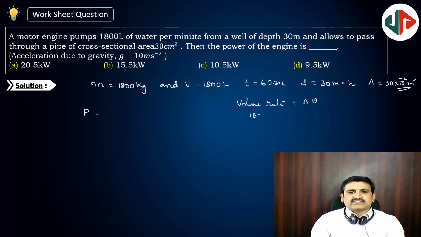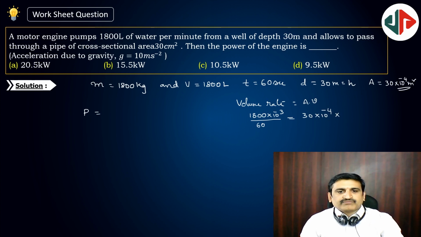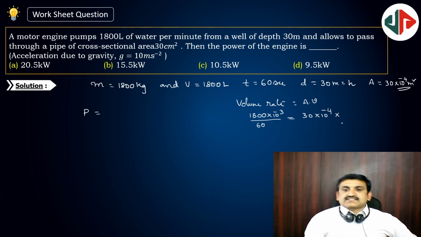1800 liters. Liters means 10 to the power of minus 3, by time is 60 seconds. Volume rate equal to cross-section area, 30 into 10 to the power of minus 4, into velocity. Yes, that is the velocity we need to find out.